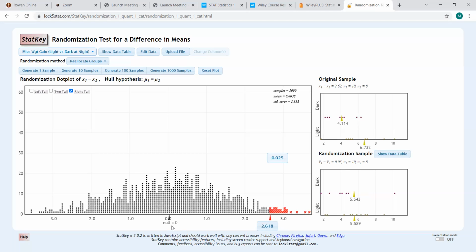Maybe the difference between the means of the two populations is actually bigger than 0. That's of course what the alternative hypothesis is.